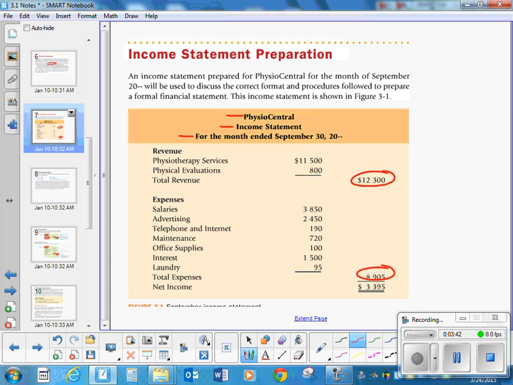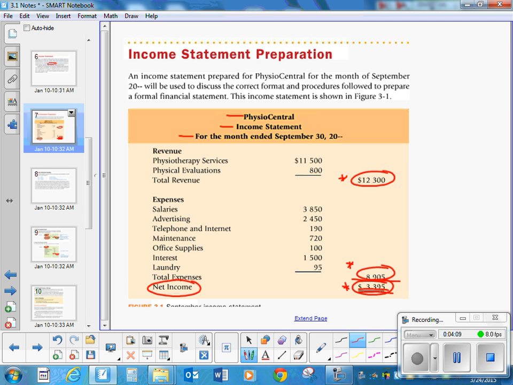Now, you're going to use a single underline here to show that you're adding these two totals together to get your total here. Now that is either your net income or your net loss. Because your revenue is higher than your expenses, we have a net income, and we have to use the words net income. You are subtracting these to get this total here with a double underline to show that your work is balanced.